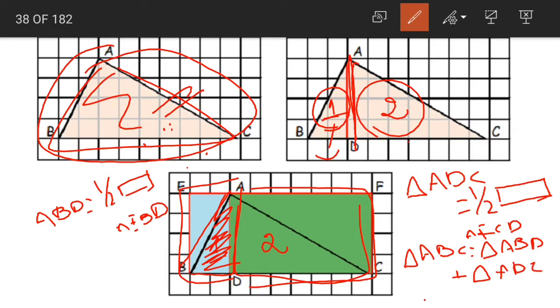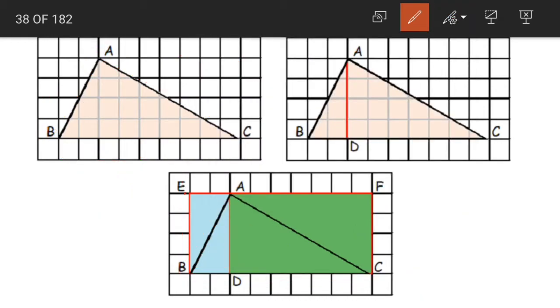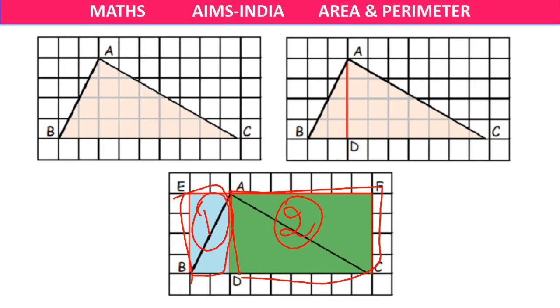Now this is nothing but, what is it? Half the area of rectangle AEBD plus half the area of our rectangle AFCD. In short, what should we do? We should find out the areas of these two rectangles, rectangle 1 and rectangle 2.